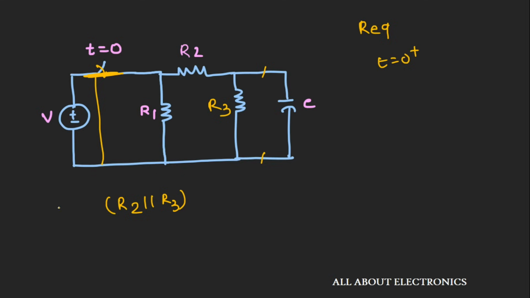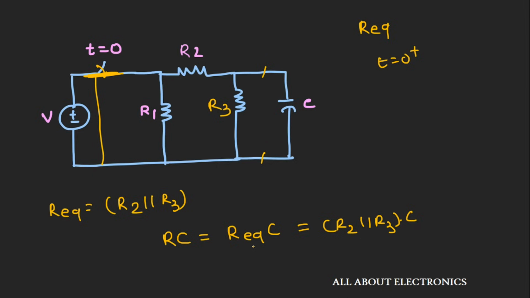This will be the equivalent resistance across this capacitor, and the time constant RC can be given as R equivalent into C, that is R2 parallel R3 into C. In this way, when your circuit contains more than one resistive element, you can find the equivalent Thevenin's resistance across this reactive element.